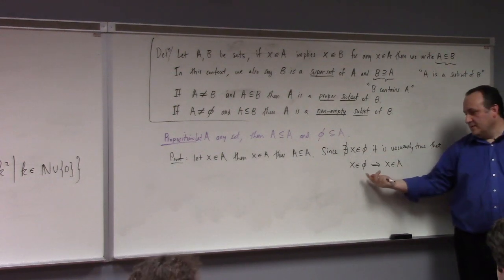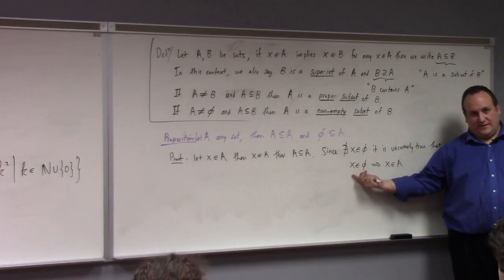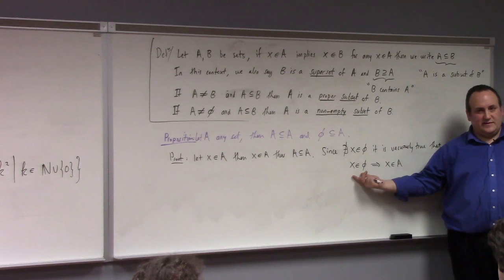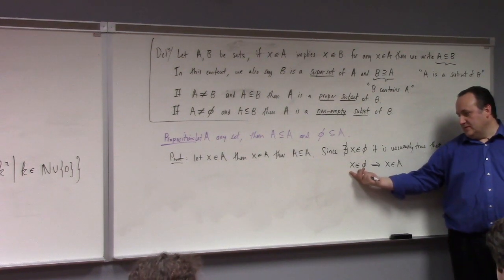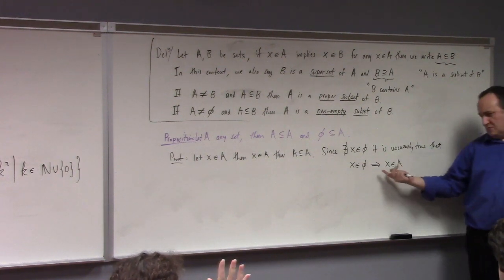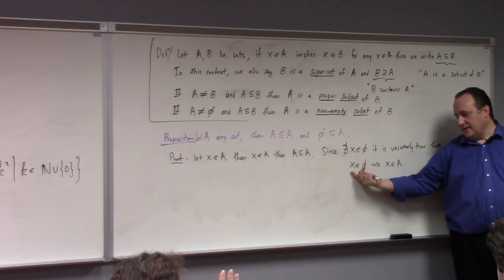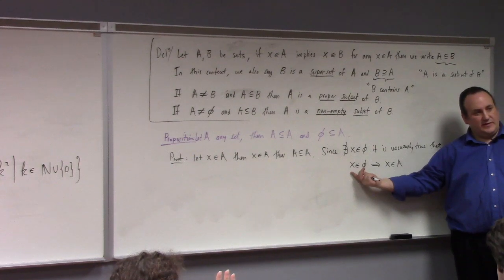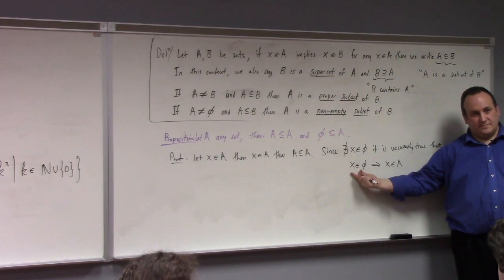So like here, X an element of the empty set. Is there any X which is the element? No, there's no X that's the element. So this proposition is vacuously true because X an element of the empty set is automatically false. And we know that the conditional is true if the antecedent is false, right?